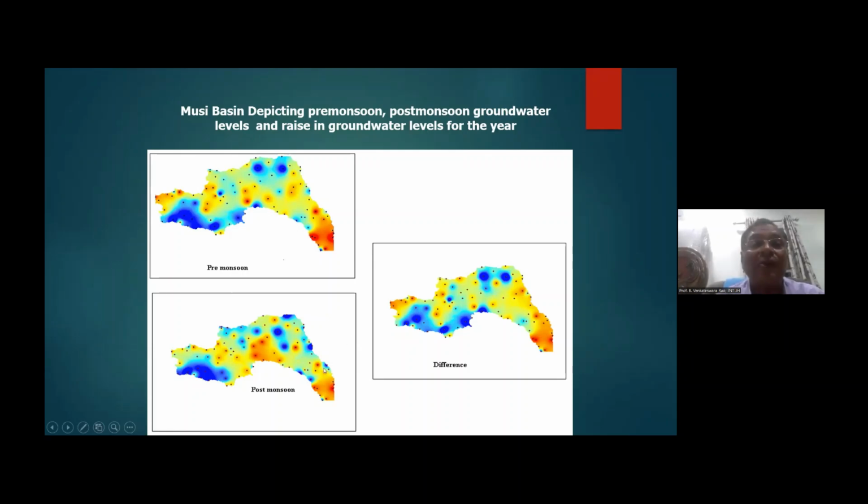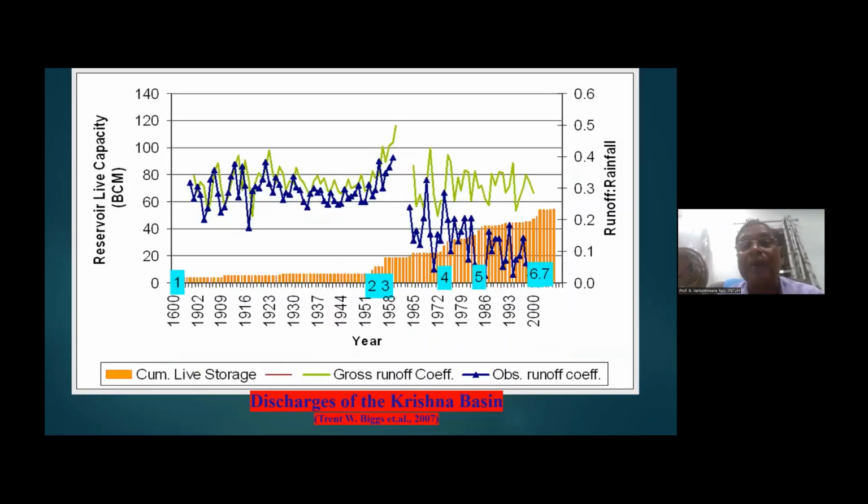Wherever the pre-monsoon groundwater level is deeper, the difference is more between pre-monsoon and post-monsoon. That is how we observed it. So this is the story, even in a hard rock area where you are pumping a lot of water. But the story does not end there.